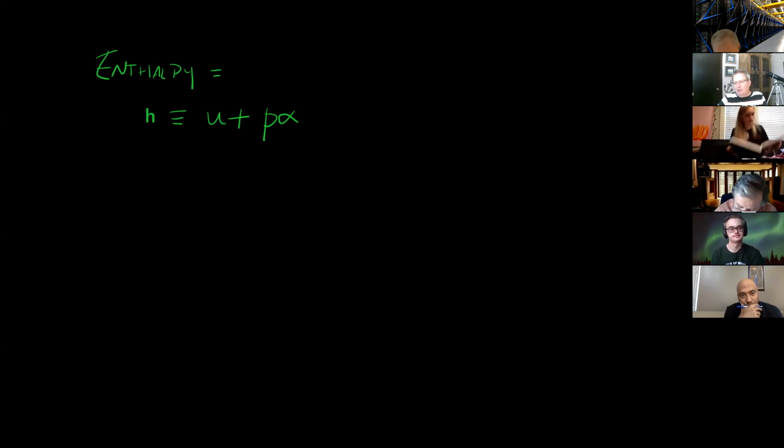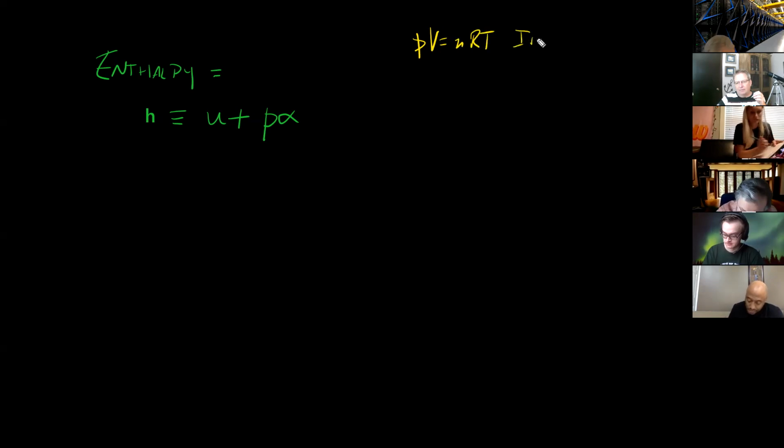And I use the word state because this deals with the state of the gas. PV equals nRT, right? That's the ideal gas law, which you know, I hope, by this point. This is known as the equation of state.